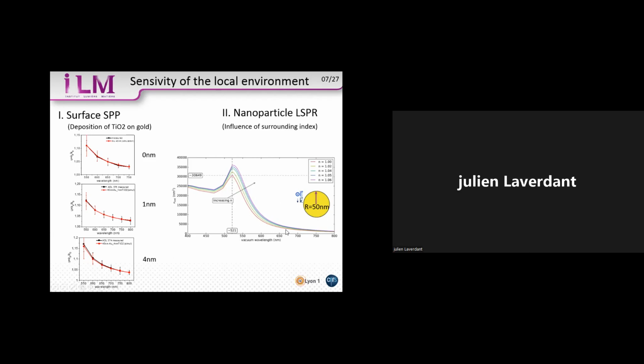And when you change the index outside a little bit, how much can you change this resonance? So here you see that a modification of around 6%, not very strong, makes the resonance shift. You can measure it. So in this slide, you have the two examples of how we can use the sensitivity of the surface plasmon, either of a nanoparticle or of a surface, for local probing.